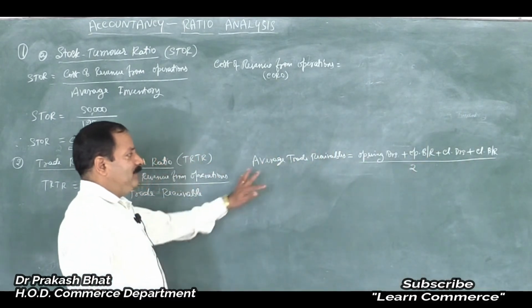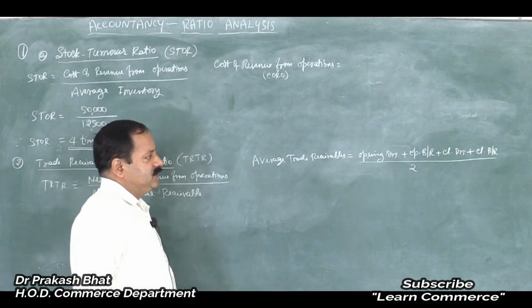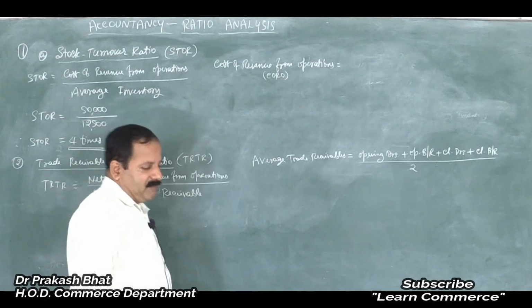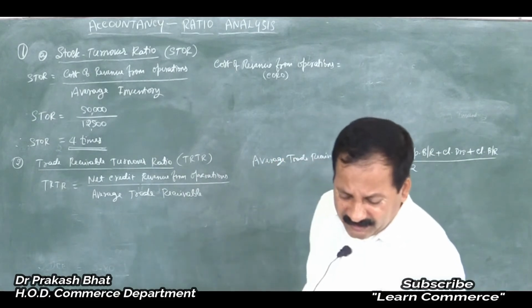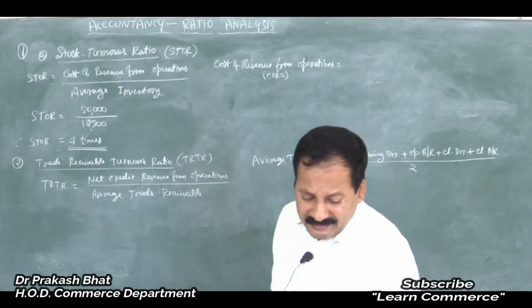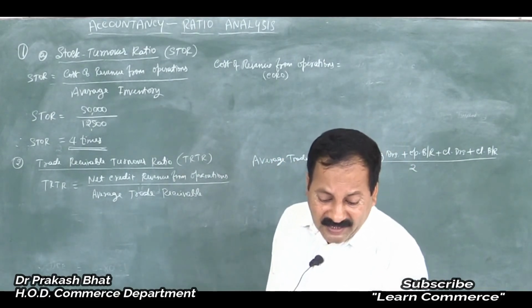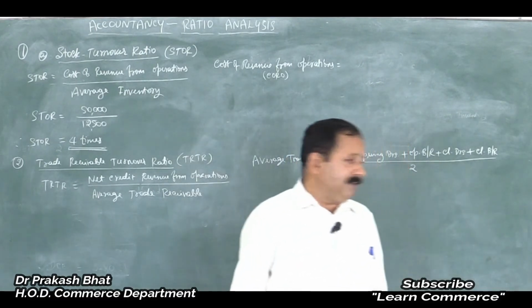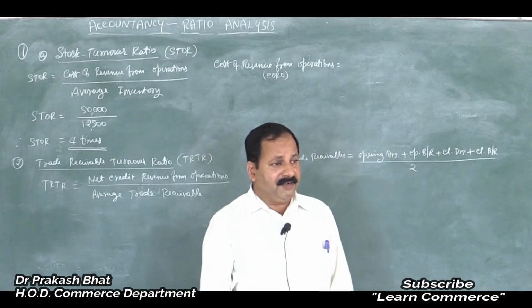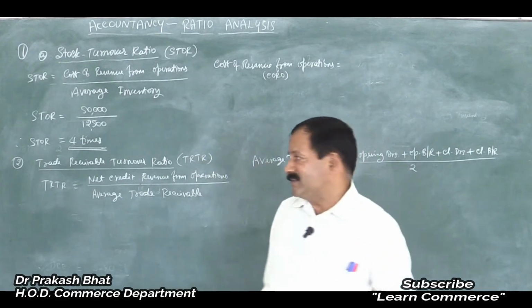That is called average trade receivables. As in this problem, nothing is mentioned regarding opening and closing. Only the closing balance of debtors and bills receivables are given in the problem. Add it together, no need to divide it by 2. That itself is the average trade receivables.